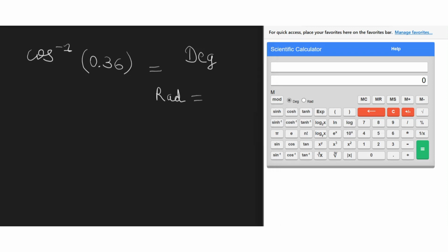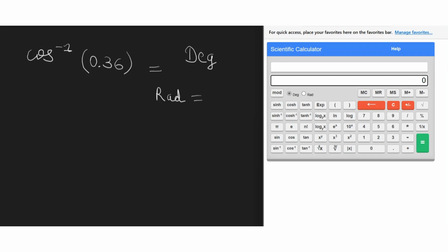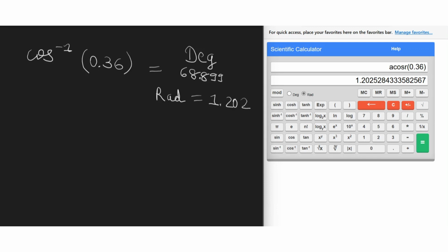Here I'll type 0.36 and then press cos inverse. So in degree I'm getting 68.899 degree. And now I need it in radian. For that I'll set the calculator to radian mode, type 0.36 and then press cos inverse. I get it in radian, 1.2025.